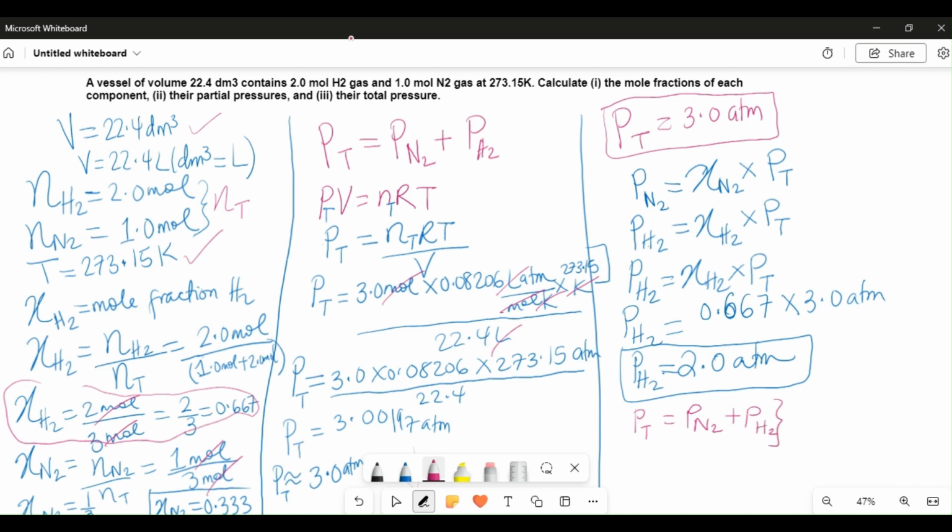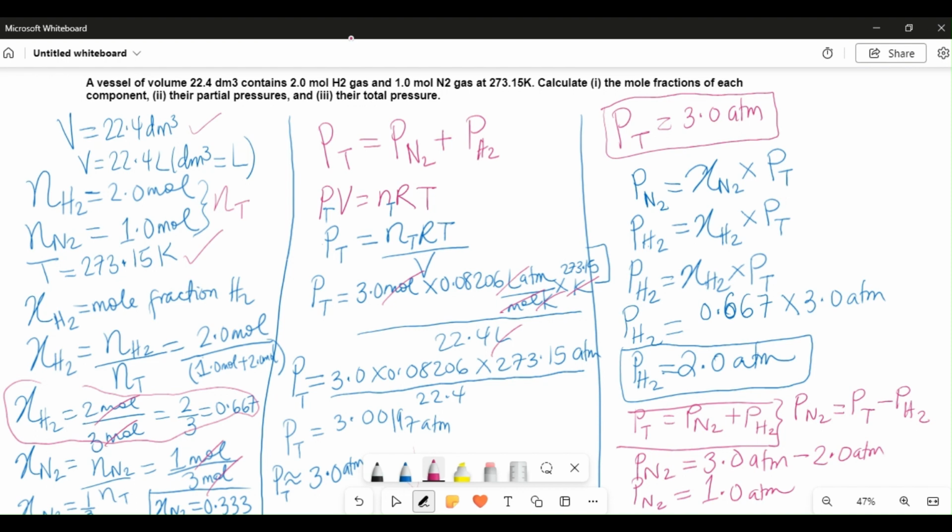So we can rewrite the formula to be P_N2 equals, right, P total minus P_H2. So P_N2 is P total, 3.0 atmospheres, minus that of H2, which is 2.0 atmospheres. So the partial pressure of nitrogen is just 1.0 atmosphere.